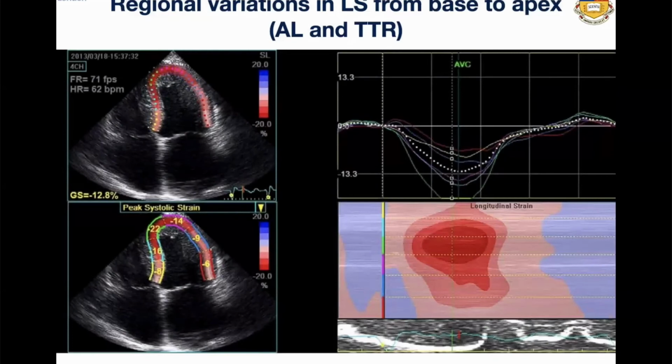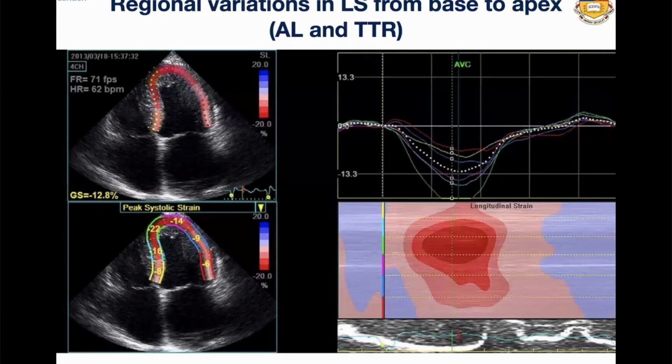I have to talk about longitudinal strain, of course, and the difference between the apical preserved strain values compared to the base and mid wall strains, and therefore there is a gradient. I will pass on very quickly.